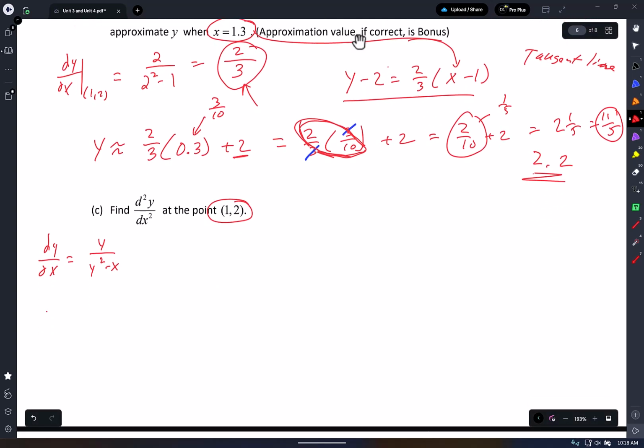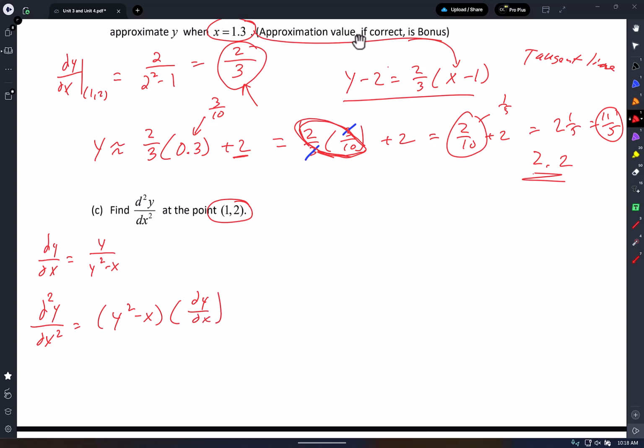So I'm going to go d squared y over dx squared equals bottom, y squared minus x, times the top derivative, dy/dx, minus the top times derivative of the bottom, 2y dy/dx minus 1, all over bottom squared.